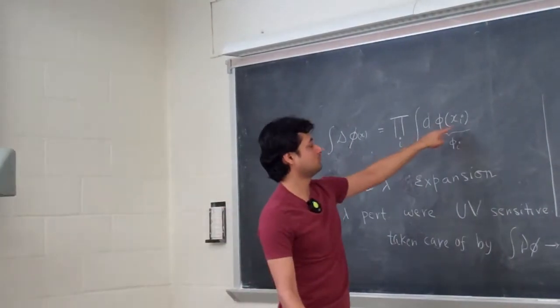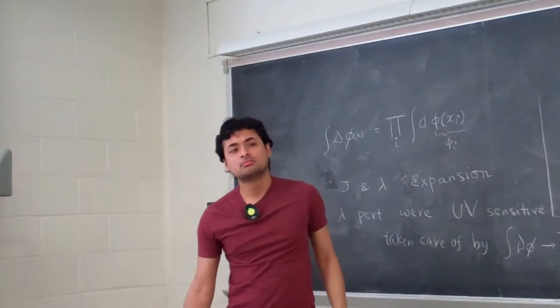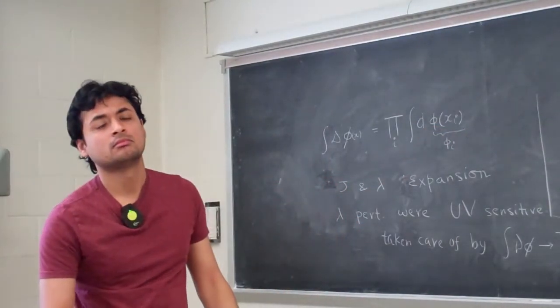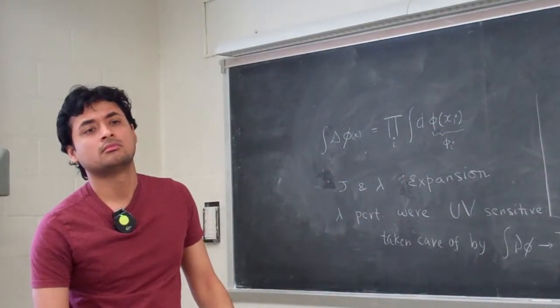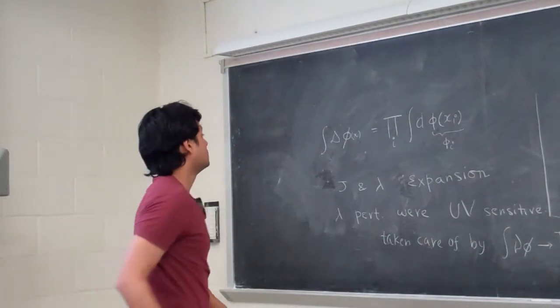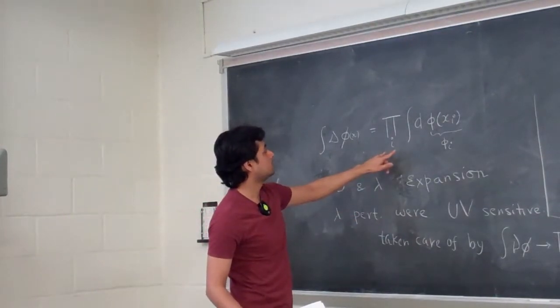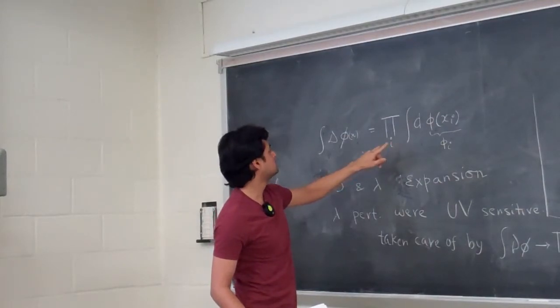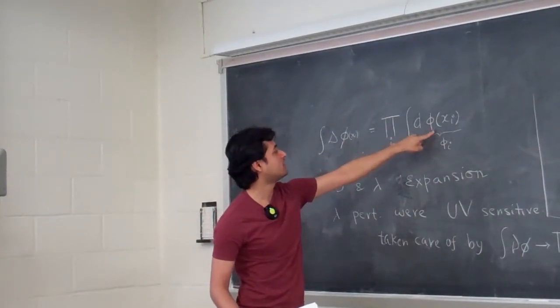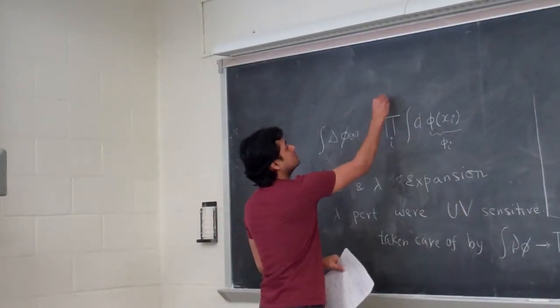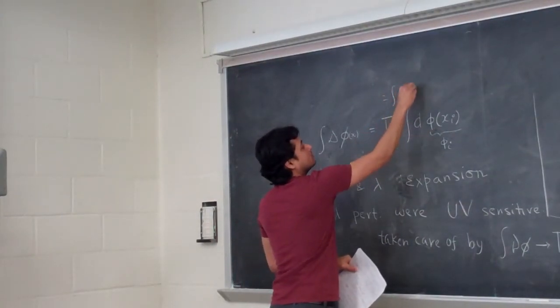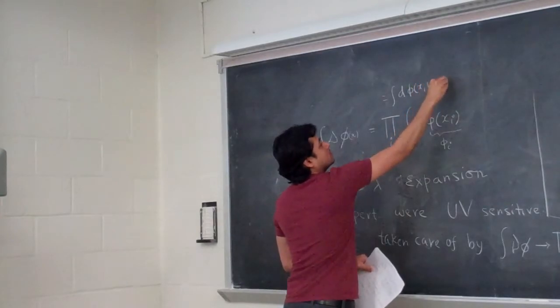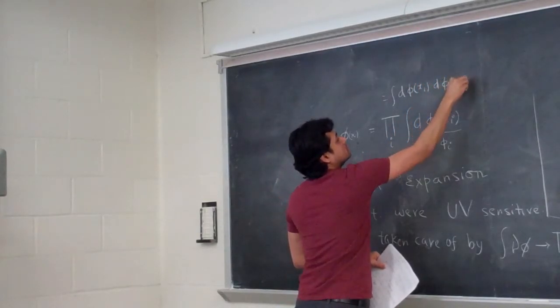So I thought the point was we were changing the function phi. We were doing the path integral over all the functions. But that's why I am integrating over all such phi. Like this is equal to d phi at x1, d phi at x2.